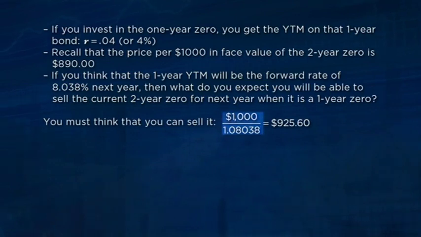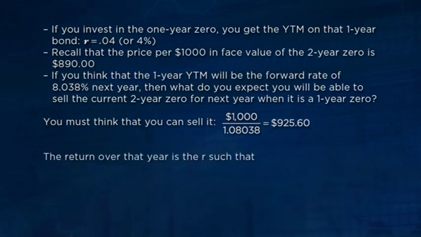So take 1,000, divide by 1 plus 0.08038. That ends up equaling what? $925.60. The return over that year is R, such that 890 is equal to 925.60 divided by 1 plus R.